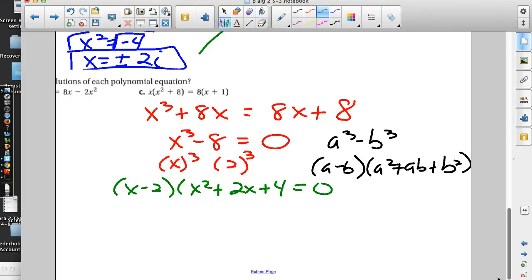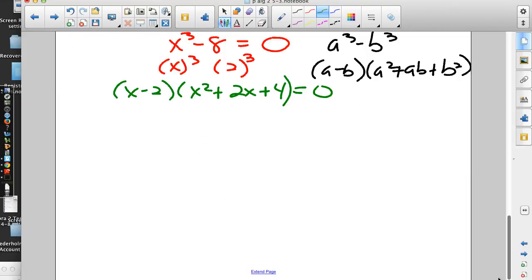Still equal to 0. x squared plus 2x plus 4. Perfect square trinomial? No. Two numbers that multiply to 4 and add to 2? No. So, let's write down the easy one.